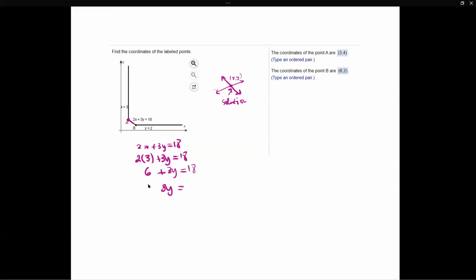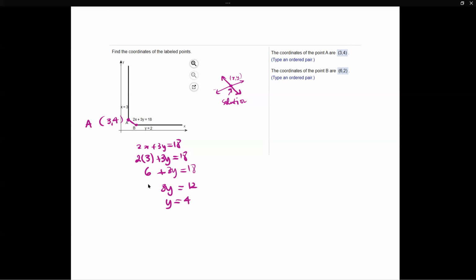And we do 18 minus 6 is 12, so y equals 4. So here, A is (3, 4). And we can do the same thing for B. Since for B, this line is y equals 2, then y is 2.